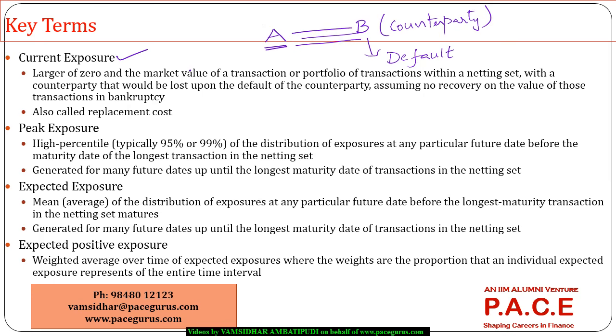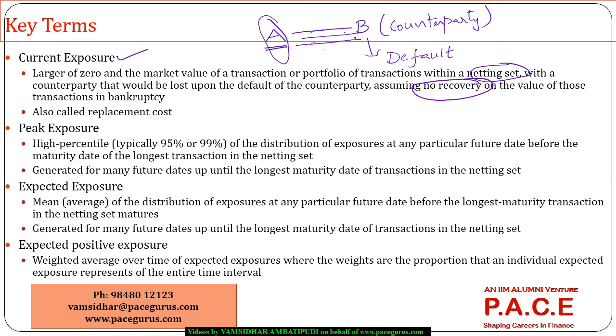Now, when I'm saying current exposure, I'm talking about at this moment, if B is defaulted, right? At this moment, if B is defaulted, assuming that there is no recovery from B, what is the total loss for A on all the three transactions taken together within a netting set?